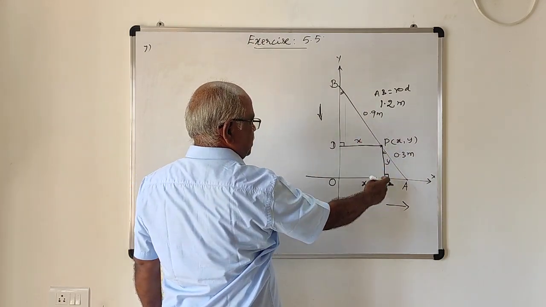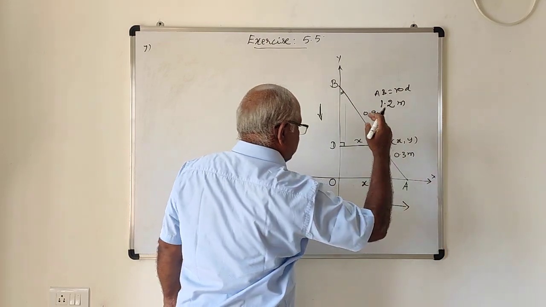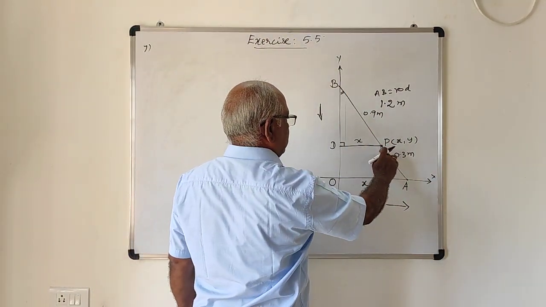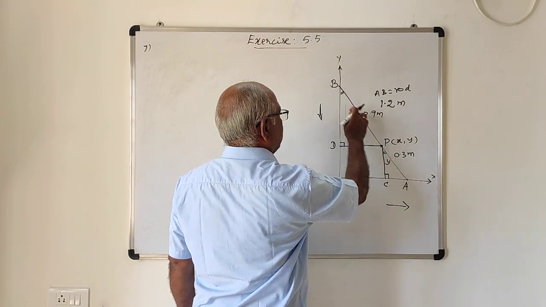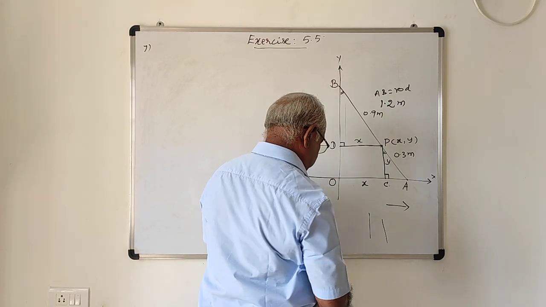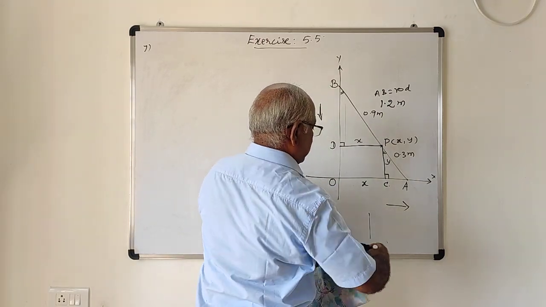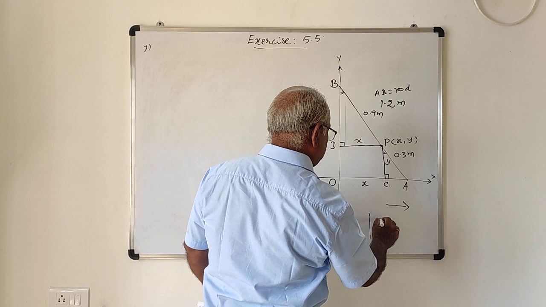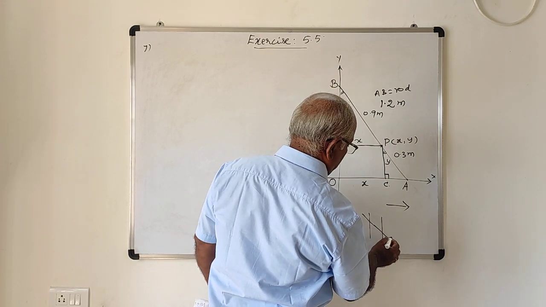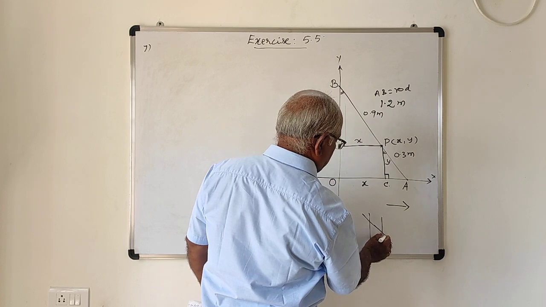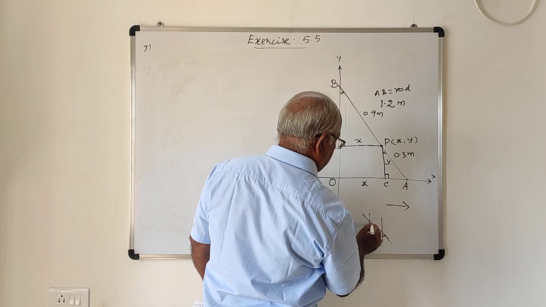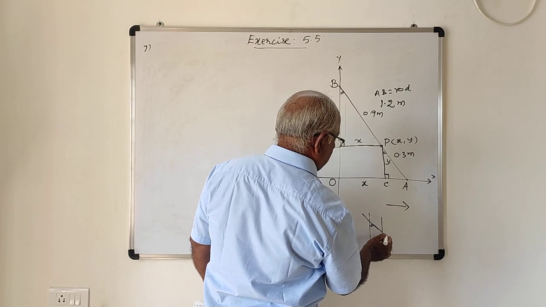OB and PC are parallel lines, and AB is a transversal. If two parallel lines are cut by a transversal, the corresponding angles are equal by the property of parallel lines. A transversal means it cuts the two parallel lines, therefore these two angles are equal.